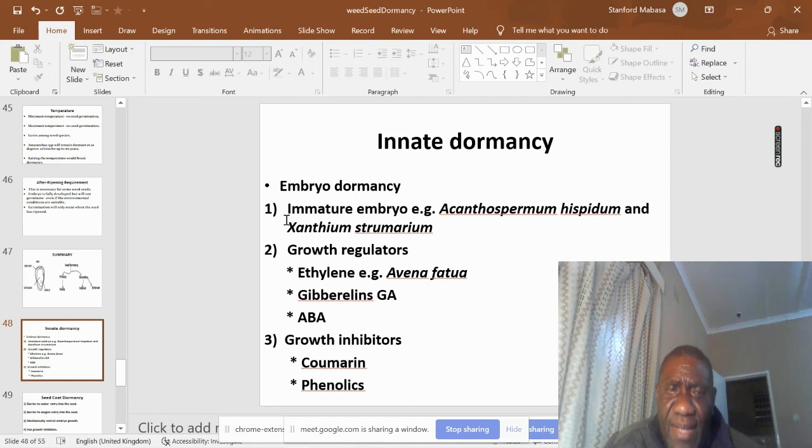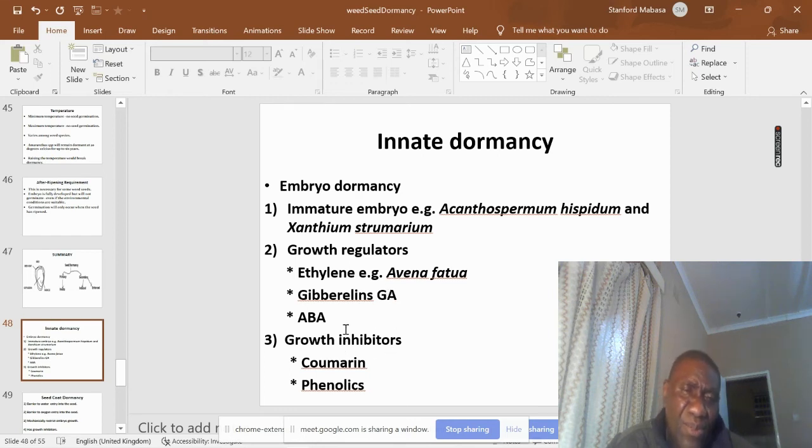The first one is immature embryo, which can be found in Acanthospermum hispidum or Xanthium strumarium. Second, it could be the issue of growth regulators: presence of ethylene in Avena fatua, gibberellins, GA, and abscisic acid, ABA. We now know what they do in regulating the germination process.